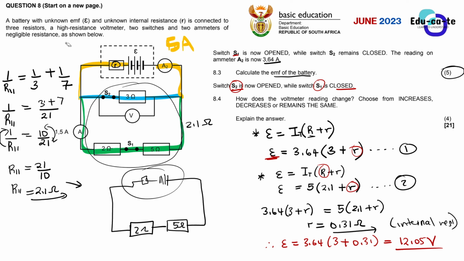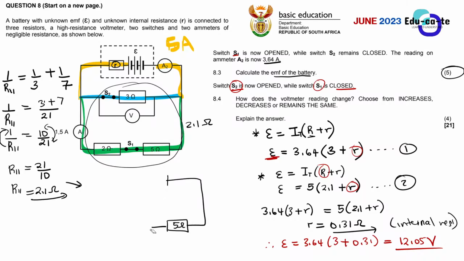So by opening the switch S2, I'm removing the 3 ohms resistor, meaning that I'm increasing the resistance of the circuit. When I'm opening switch S2 as the instruction says, I'm removing the 3 ohms resistor, meaning that I'm increasing the resistance.